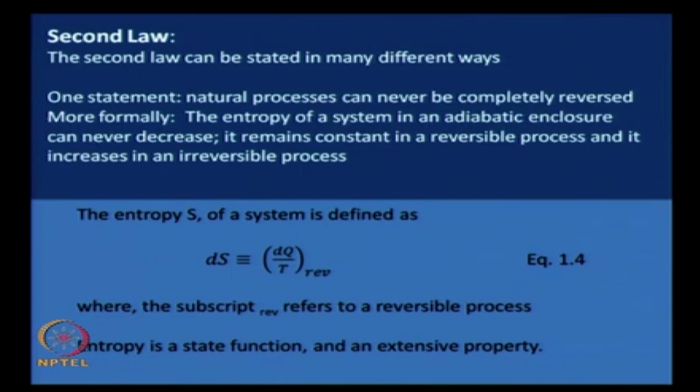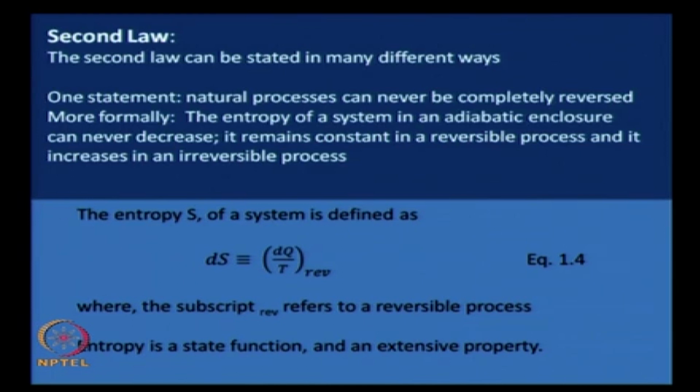The entropy of the system, as you would know already, is defined as dS equals dQ by T in a reversible process. As you know, Q is a path function, therefore dQ reversible by T is a way of defining entropy dS.